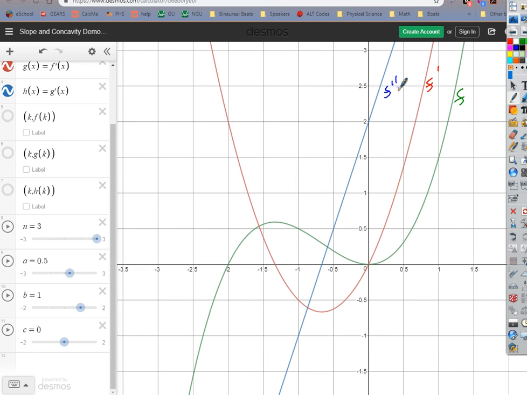The green one has horizontal tangents there and there, so those must be places where the red function has a value of 0, right? Every place to the right of this, the green is increasingly positive. Between these two x values, the green function is most negative in the middle, but it's always negative. And then to the left of that maximum, the green function is increasingly positive, right? I should say the slope of the green function is.